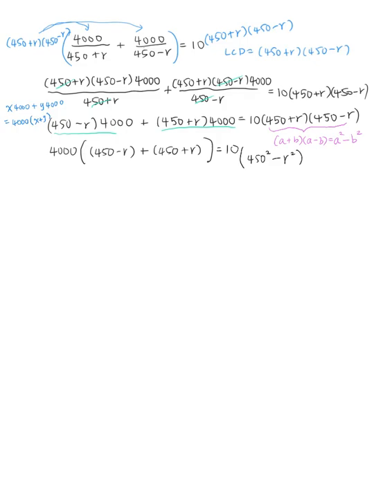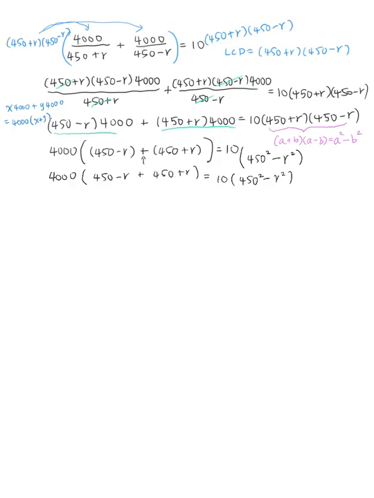Now let's keep simplifying this. So here I'm going to have 4,000, and then inside of it, since there's a plus sign here, you're going to get the same answer if you drop that parentheses. So you're going to have 450 minus r plus 450 plus r, and on this side you're going to have 10 times 450 squared minus r squared.